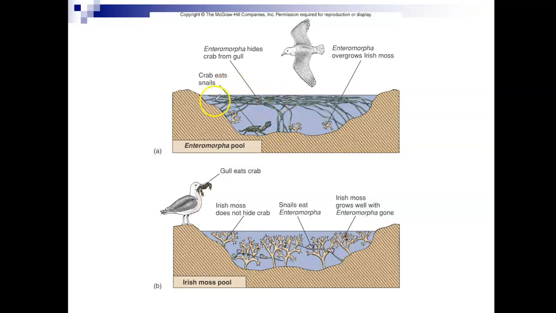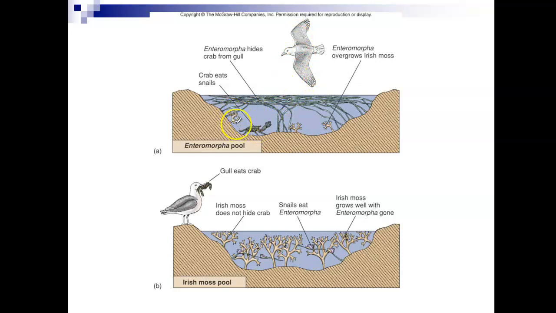What ends up happening is you have this algae called Enteromorpha, and it grows really long and filamentous like this. And it will help to hide some of the predators in here, like the green crabs, from the gulls, which feed on them.